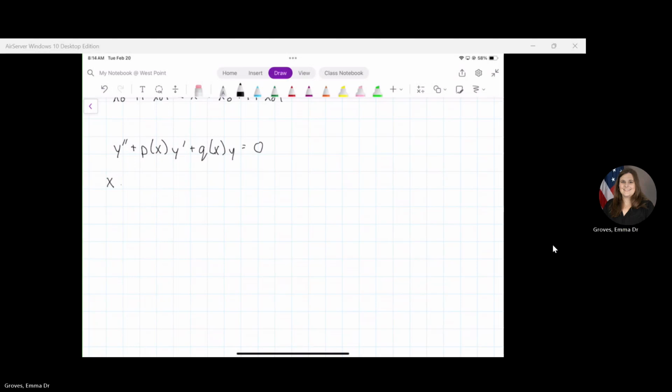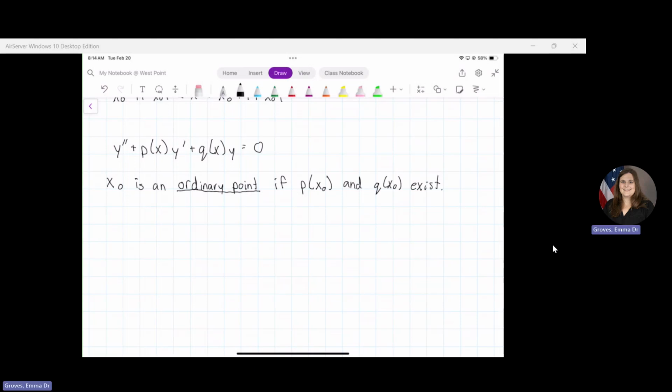So we are going to define x naught is an ordinary point if p of x naught and q of x naught exist.